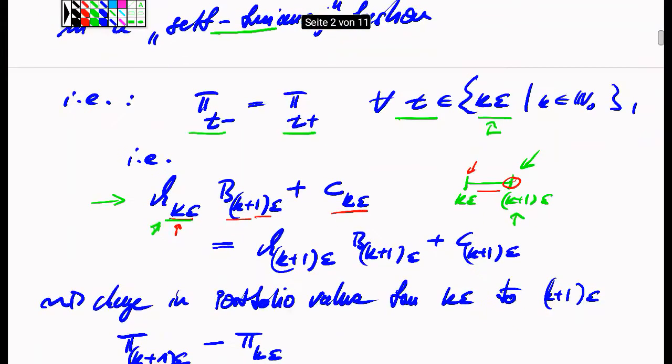And now he makes a decision to readjust his portfolio at the transition from this interval to the next.